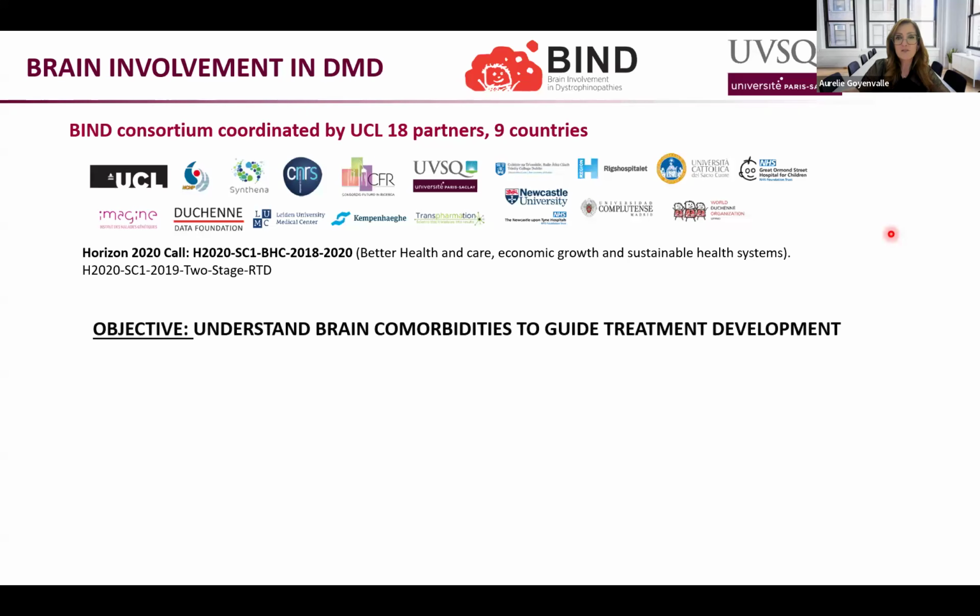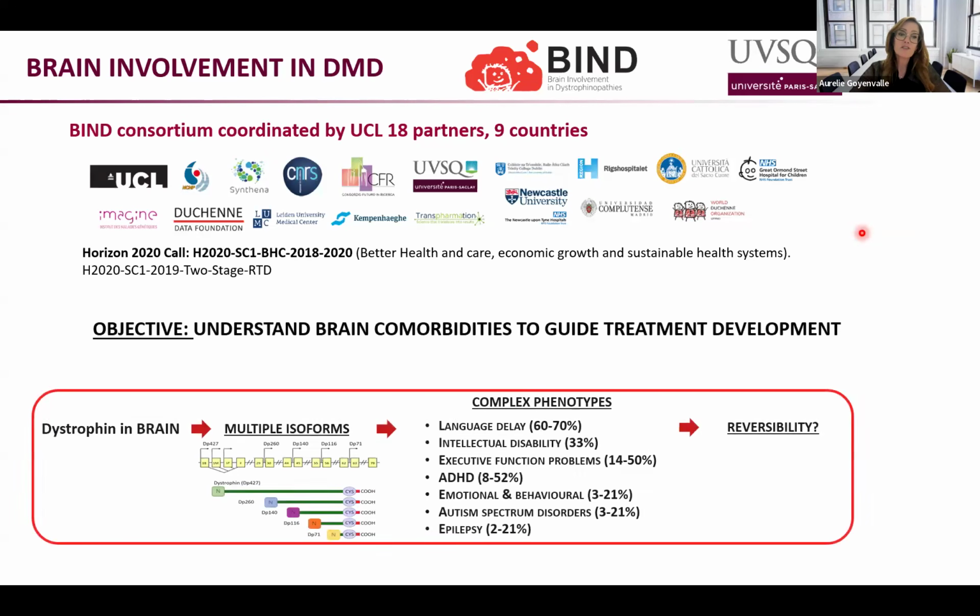The objective of this consortium was to better understand the brain comorbidities linked to dystrophinopathies, to eventually guide future treatment development. So as I mentioned, dystrophin is expressed in the brain as multiple isoforms. In particular, the full length, the DP140 and the DP71 are expressed. And the absence of one or several of these isoforms leads to a complex phenotype.